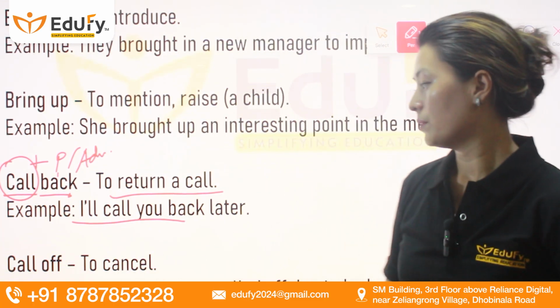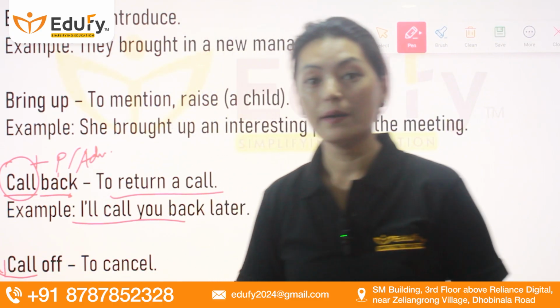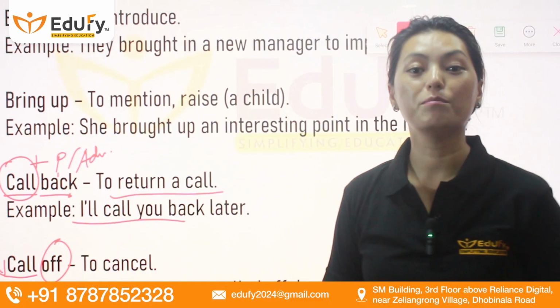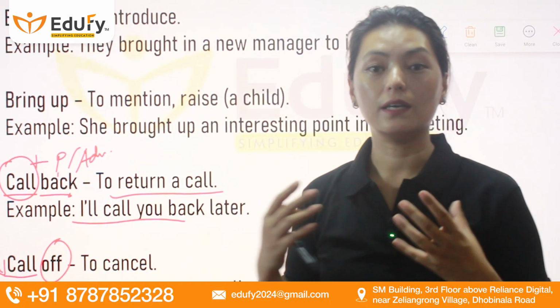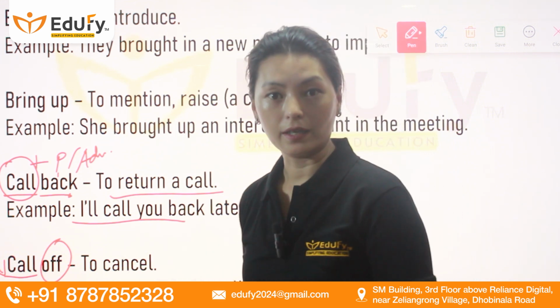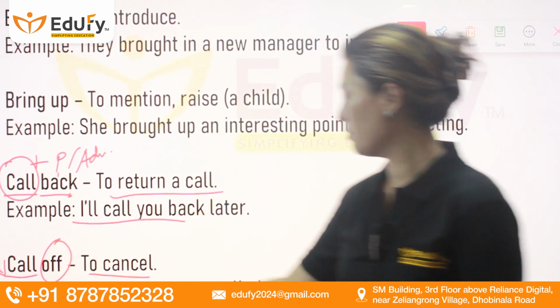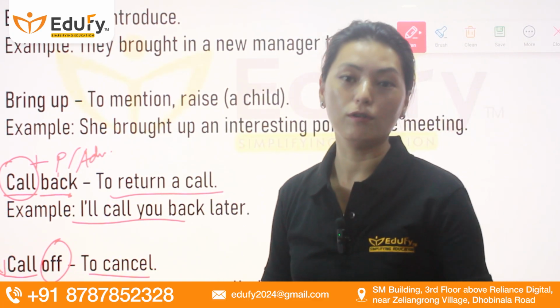Call off. The same word call has been used here as well, but here we are using the preposition off. Call off means to cancel, to completely stop whatever has been done or is happening. So call off is to cancel, to stop something. The meeting was called off. The wedding was called off, right?